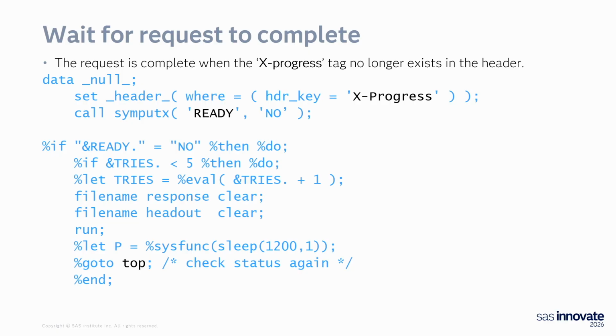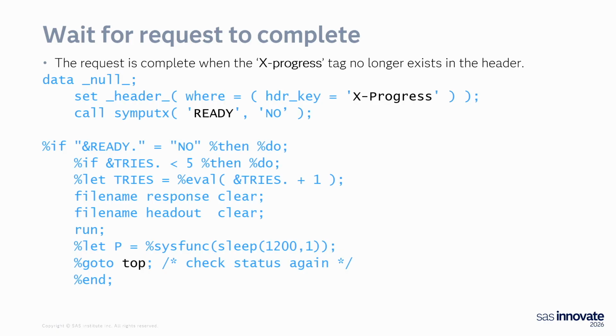We look in the header, in this case for a key called x-progress, which is bad because when it's done, x-progress will not exist actually. And then we put that in a macro symbol called ready that we're going to test. The whole business with x-progress and the use of a macro symbol called ready is kind of up to you.